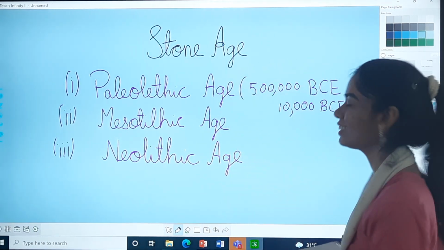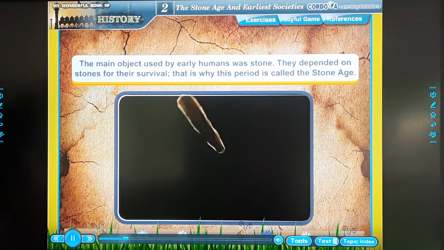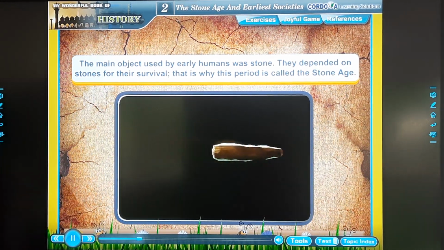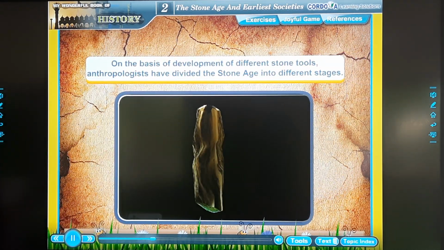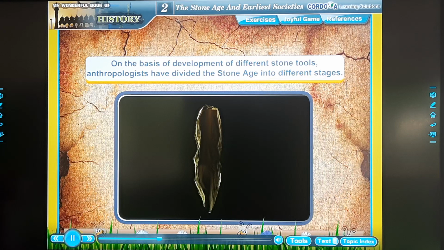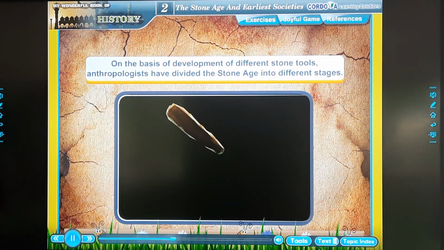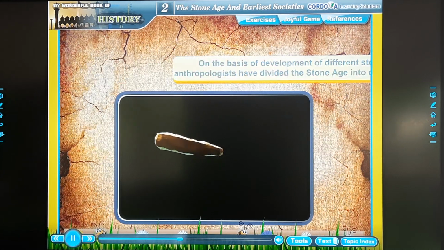So let's go. Early humans depended on stones for their survival. That is why this period is called Stone Age. On the basis of development of different stone tools, anthropologists have divided the Stone Age into different stages.